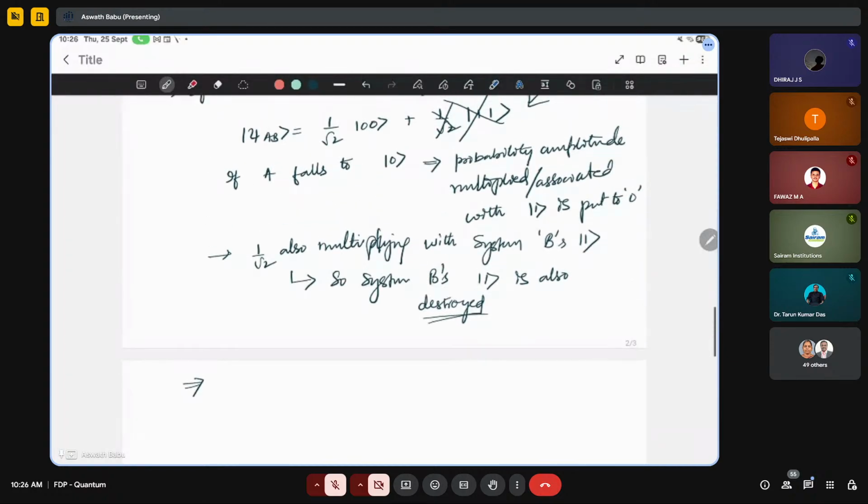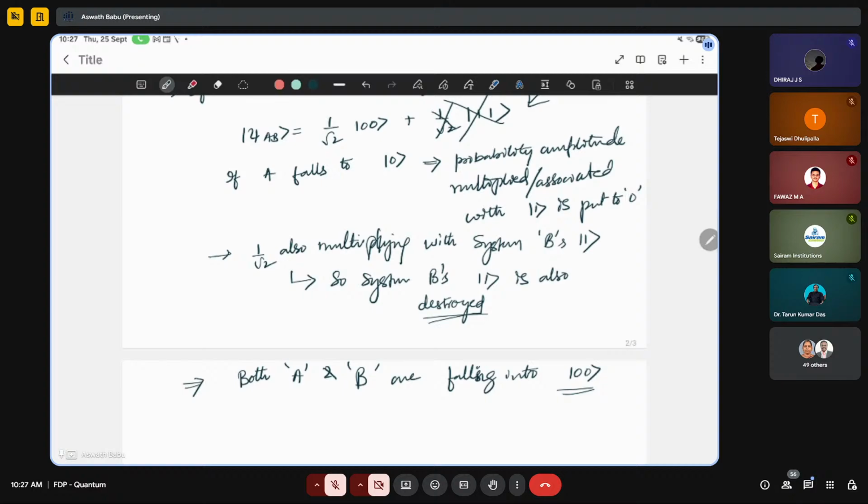Which implies both A and B are falling into the 0 state.